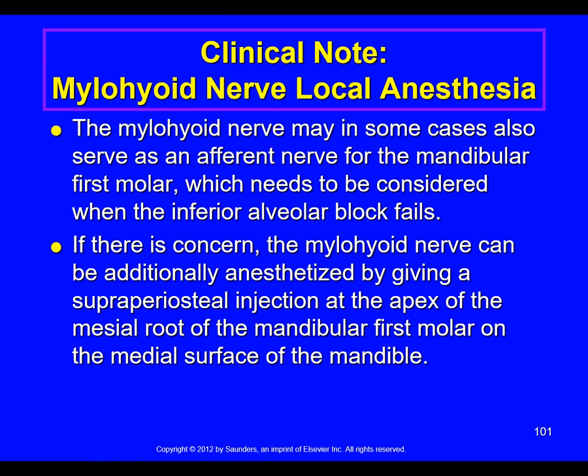So if a mandibular first molar doesn't get numb, sometimes there can be some innervation from the mylohyoid nerve to that tooth. If there's a concern, the mylohyoid nerve can be additionally anesthetized by giving a supraperiosteal injection at the apex of the mesial root of the mandible. We'll talk about that a lot more in local anesthetic.